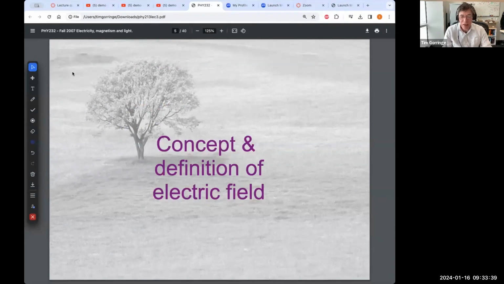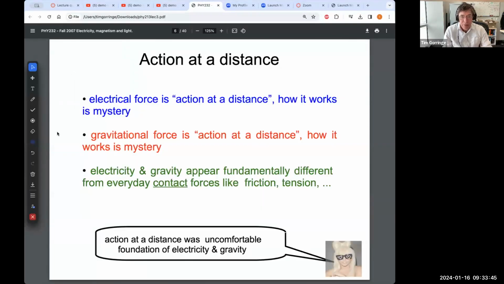So, concept of the electrical field, definition of the electrical field. Let's talk about that. Here's the starting point: what we call action at a distance. The electrical force that we introduced in the last couple of classes is what we call action at a distance.